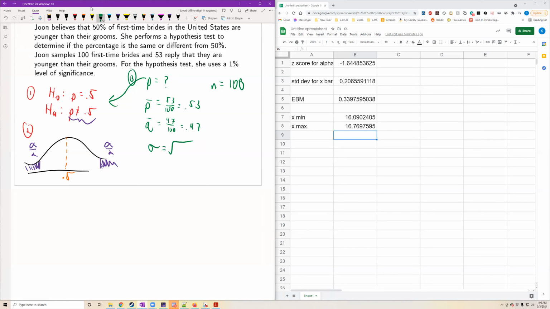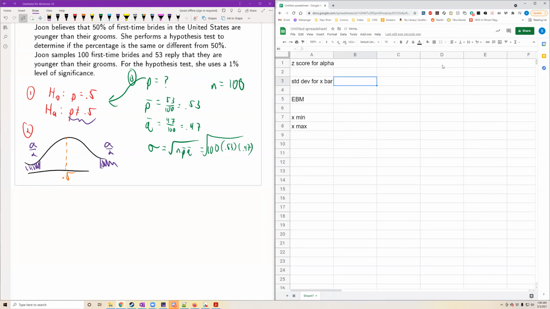And we can find our standard deviation with square root NPQ is the formula. That will give us 100, 0.53, 0.47. So let's go ahead and plug that in here for our standard deviation: 100 times 0.53 times 0.47.